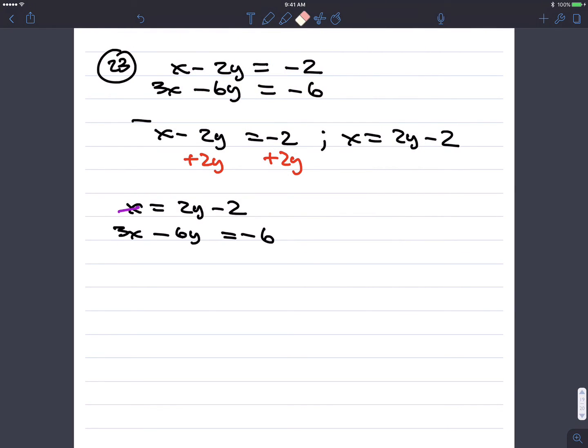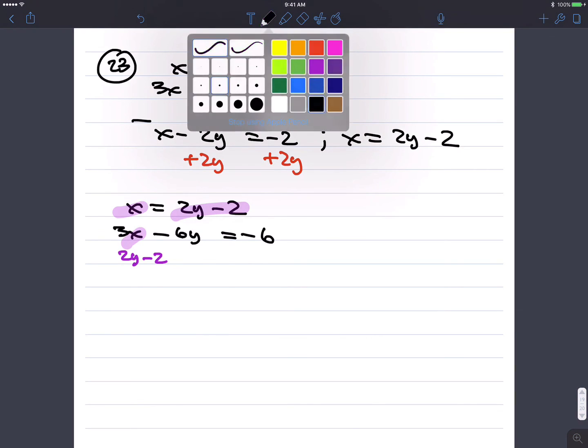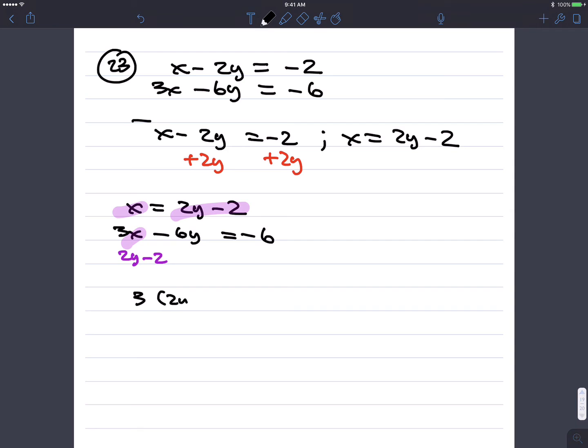x is 2y minus 2 in the first equation. We're going to plug that into the second equation by the x variable. That means replace this with 2y minus 2. Here's what we get. 3 times 2y minus 2 minus 6y is negative 6. 6y minus 6 minus 6y is negative 6.